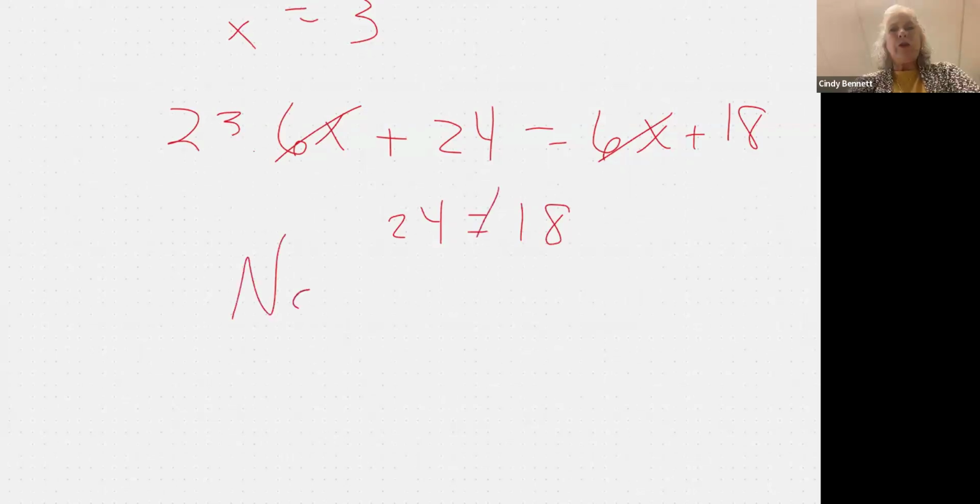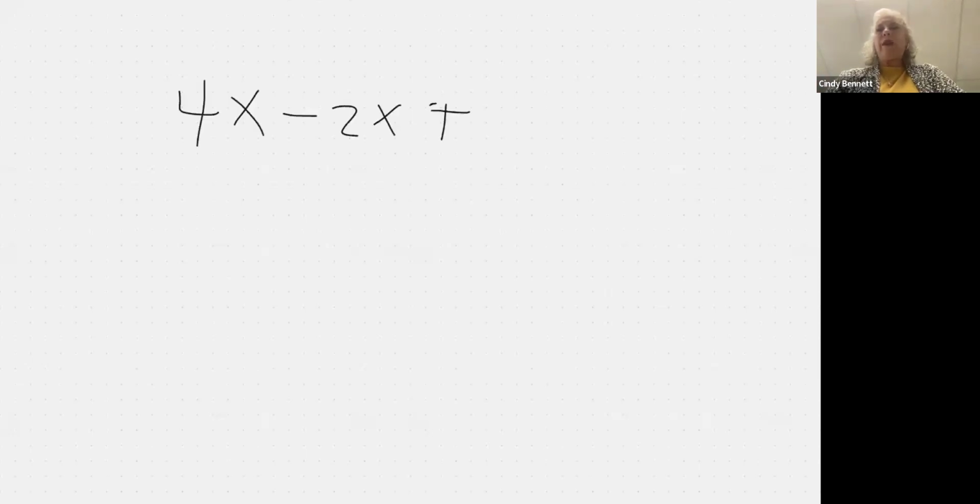Okay, how about 25? All right, 4x minus 2x plus minus 8 equals 2x minus 2 minus 6.